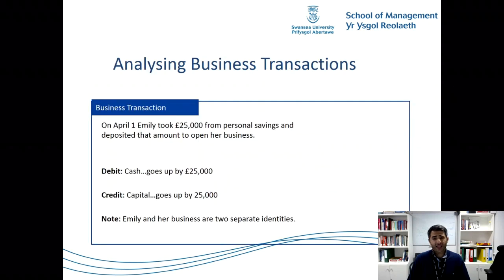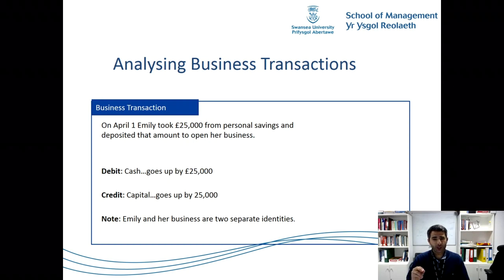So let's have a look at this example. On April 1st, Emily took £25,000 from personal savings and deposited that amount to open her business. So Emily set up her own business. Remember, she deposited the money from her personal savings.